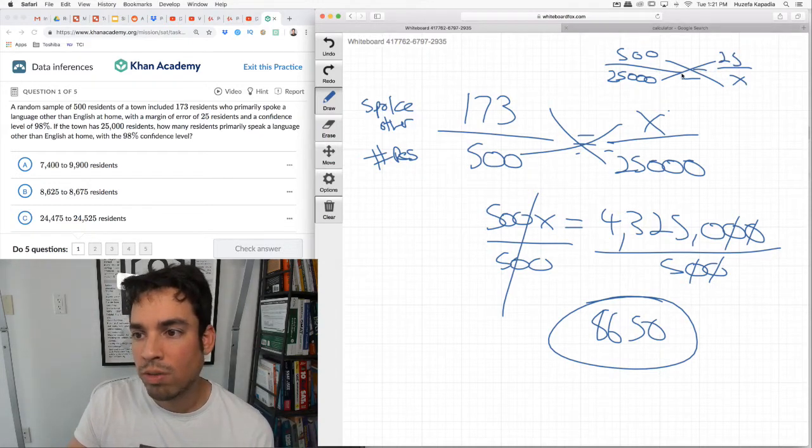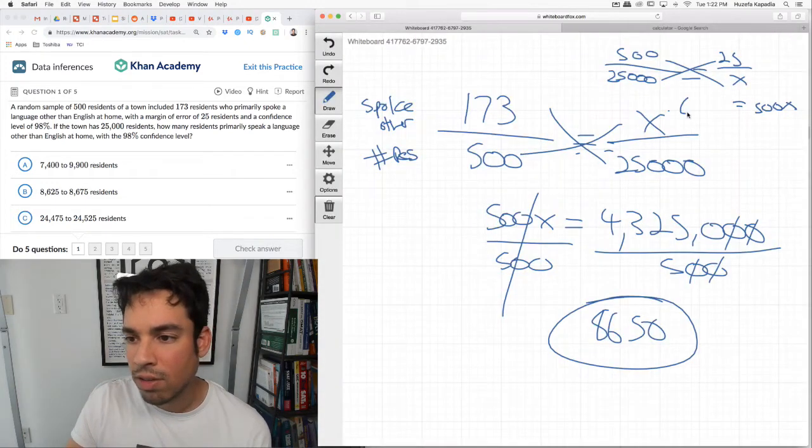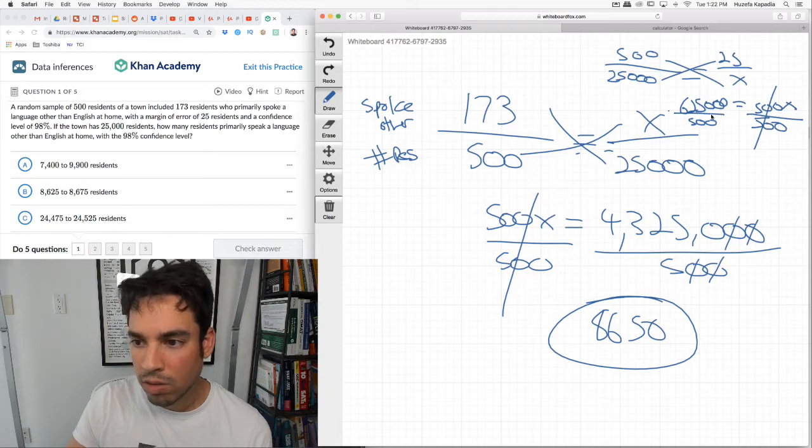So 500x equals 25 times 25,000, which equals 625,000. And then we divide both sides by 500. It's like dividing by 1,000, then doubling. 1,250.